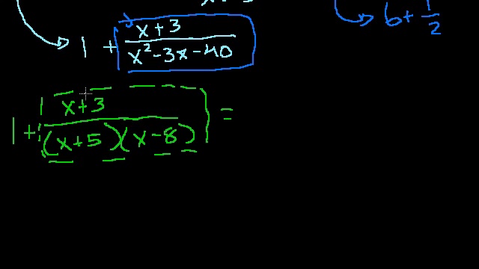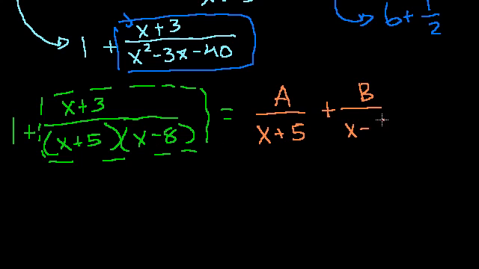I'll make the claim that I can decompose this into two fractions where the first fraction is just some number a over the first factor, x plus 5, plus some number b over the second factor, x minus 8. That's my claim. And if I can solve for a and b in a way that it actually does add up to this, then I'm done, and I will have fully decomposed this fraction.